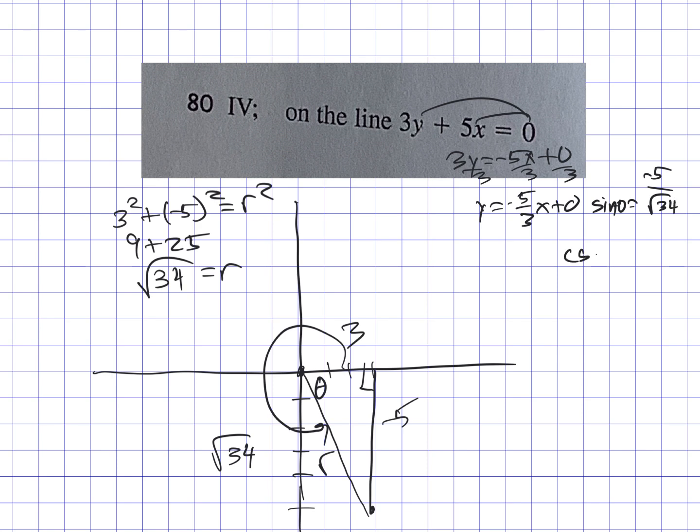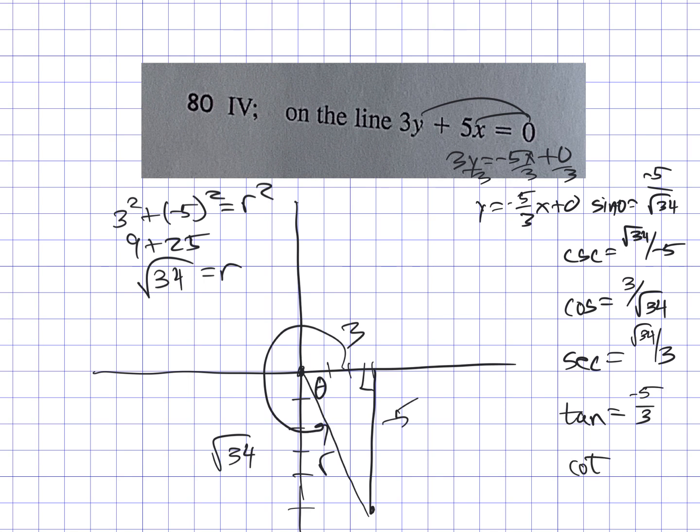So the cosecant, reciprocal. Cosine is adjacent over hypotenuse. Secant is the reciprocal. Tangent is opposite over adjacent, and cotangent is its reciprocal, -3/5.